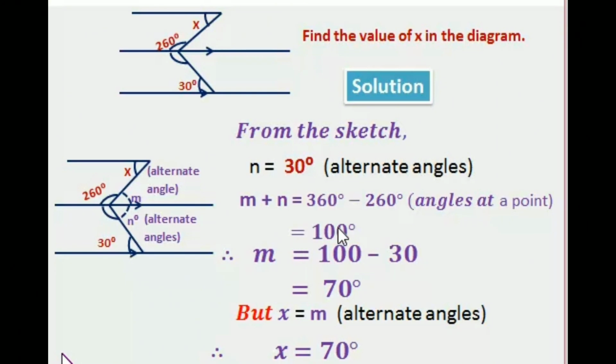Now, M will be equal to 100 minus 30, because N is 30 degrees. So M is 70 degrees. But X is equal to M. The angle X that we are told to find is equal to M. The two of them are alternate angles, and alternate angles are equal. So X is equal to 70 degrees.